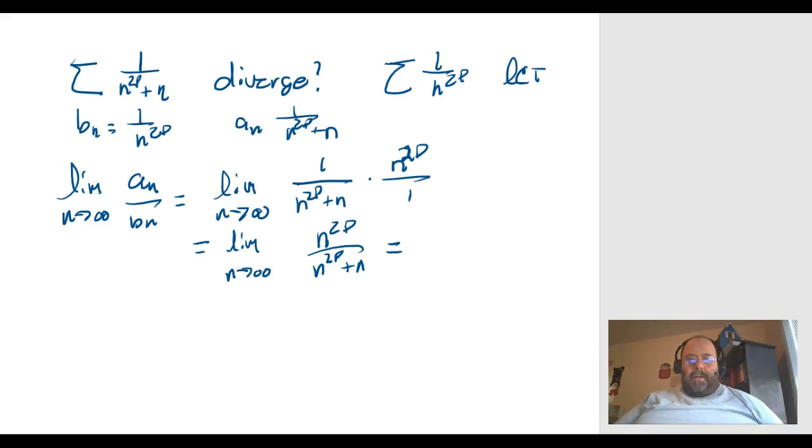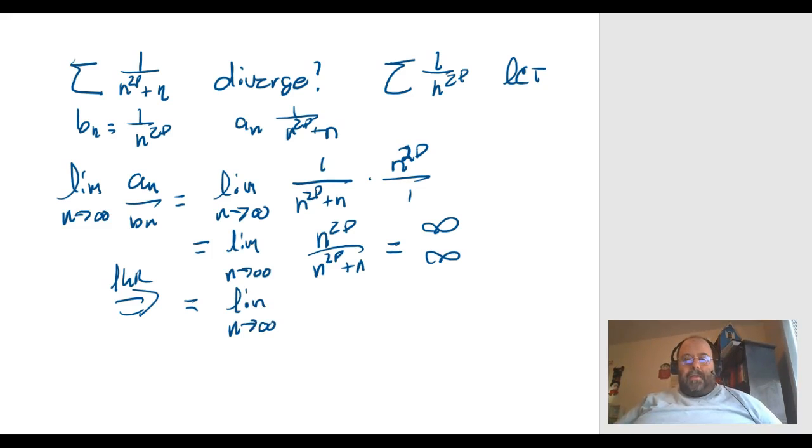If I advance that, I'm going to get infinity over infinity, which gives me the condition I need for L'Hopital's rule. So if I apply L'Hopital's rule here, 2p is a constant, so the derivative of the top is 2p times n to the 2p minus 1.